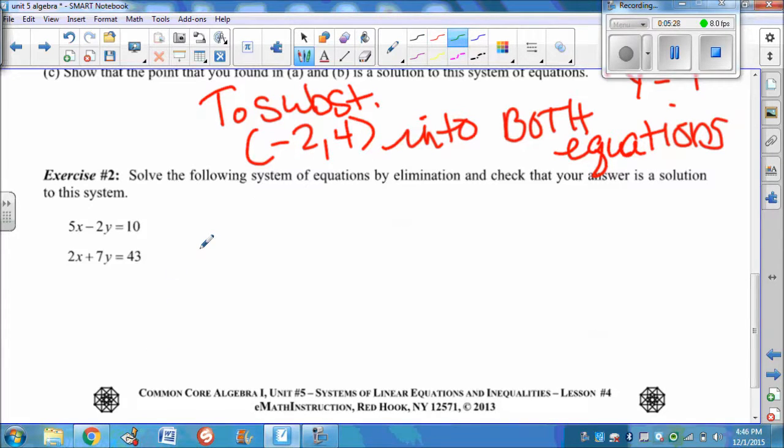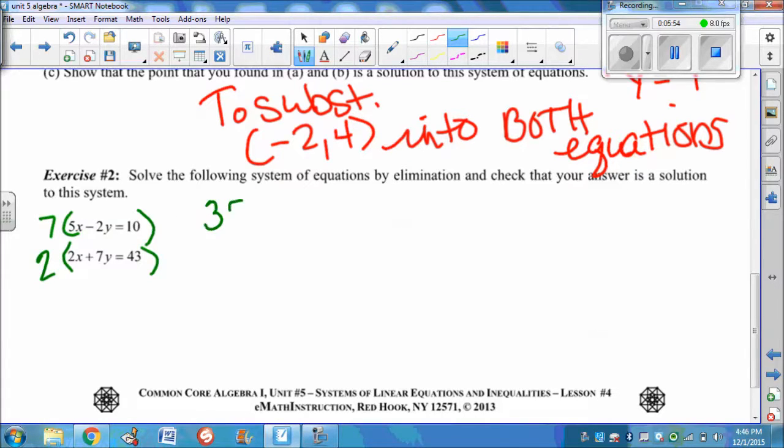So, anywho, solve the following system of equations by elimination and check. So again, it doesn't matter whether you decide to get the x's or the y's to eliminate first. I'm going to force the y's to eliminate. So I'm going to multiply this one by 7 and this one by a positive 2. So what does that do for us?